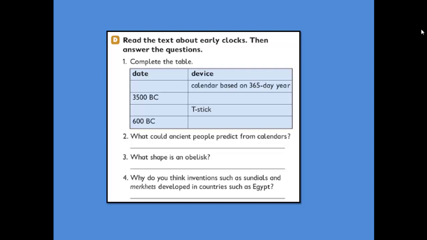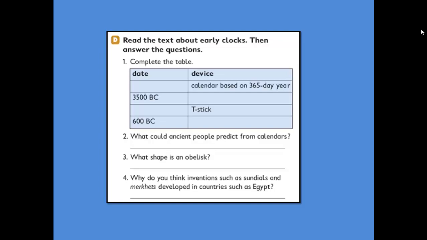The first one is under the title of date, and the second one is under the title of device. Number 2, what could ancient people predict from calendars? 3, what shape is an obelisk? And number 4, why do you think inventions such as sundials and merkhets developed in countries such as Egypt?